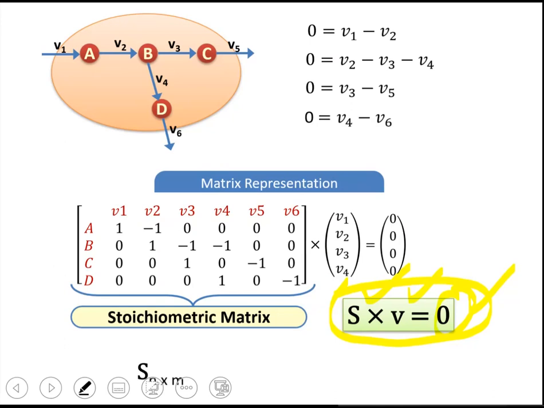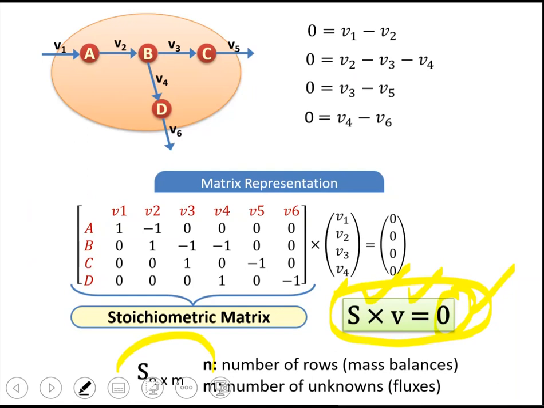So the dimension of the S matrix is usually referred to as n by m. A stoichiometric matrix will have n rows and m columns, n by m. And n is the number of rows due to mass balances around metabolites within the system boundary.